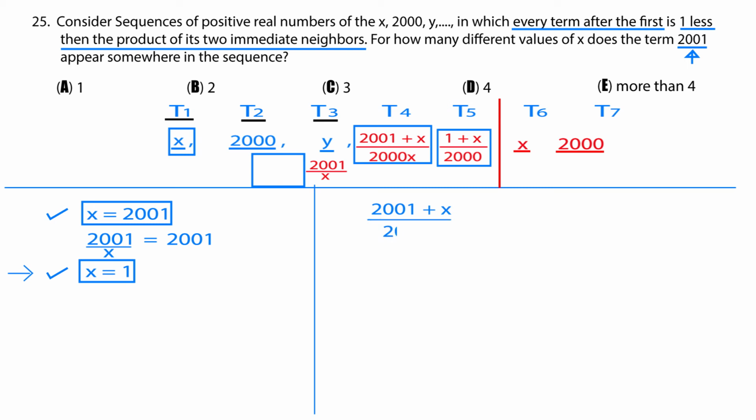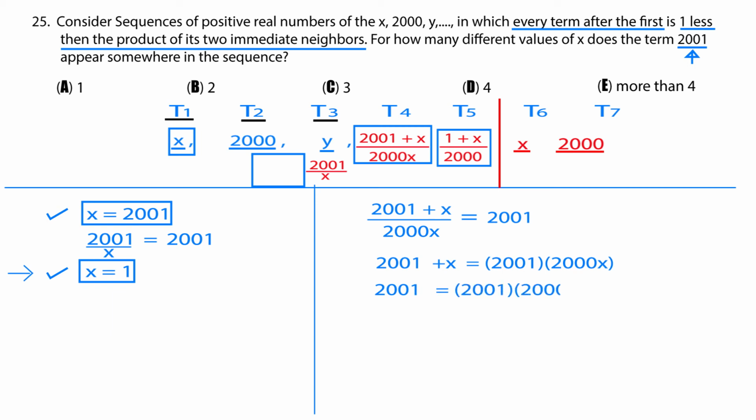So again, T4, we got to let that equal 2001. Probably have a little bit more algebra here. So we got 2001 plus x is equal to 2001 times 2000x, like that. 2001 is equal to 2001 times 2000x minus x.